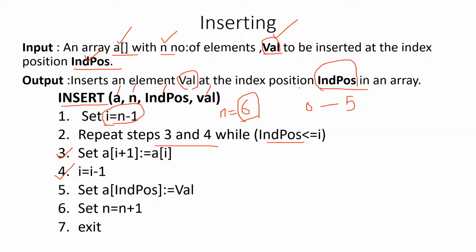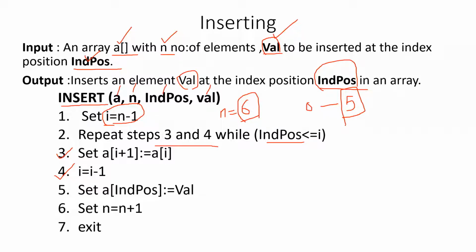I is nothing but the index number of the last number present in the array. It is not a pointer, I'm just telling, it is having the index number of the last number in the array. Got it?